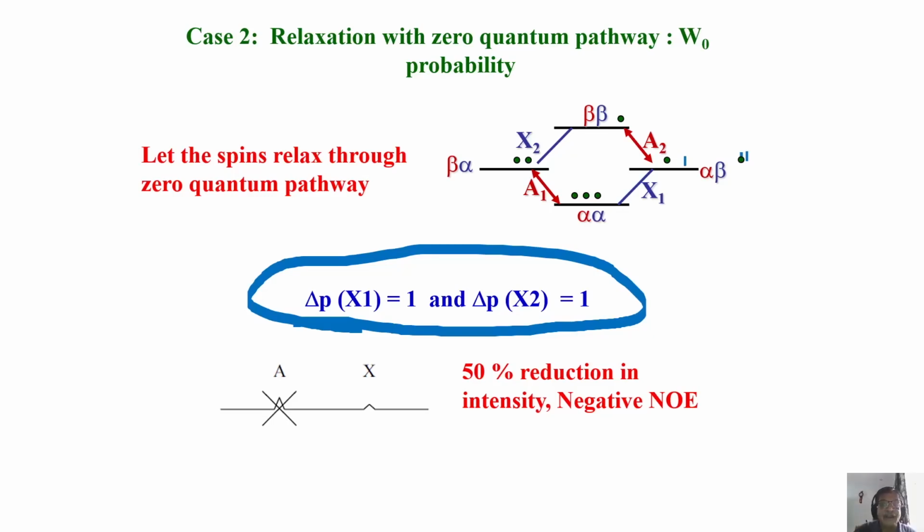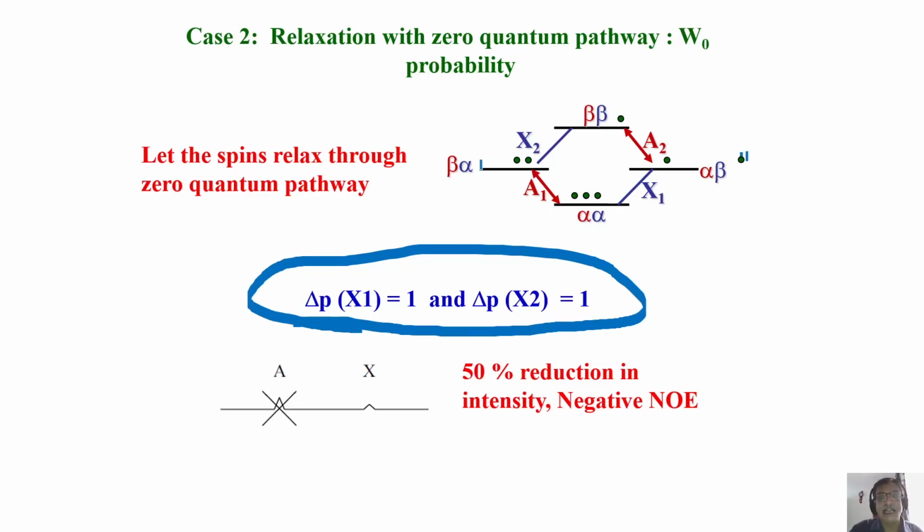Now, let me summarize for you. When the spins were undergoing relaxation through the normal pathway, there was no change in the intensity. All were equal to 2. Right? Now, when I allow the spin after saturation to relax to the ground state, alpha alpha, through the double quantum pathway, the intensity of the X transition went up by 50%. From 2 it went to 3.